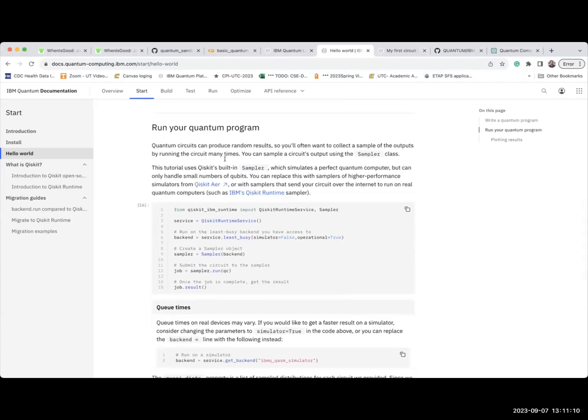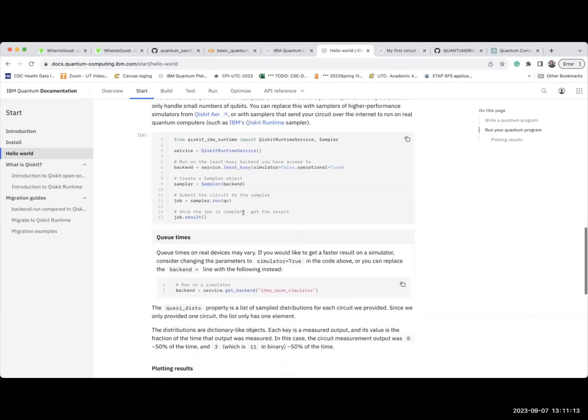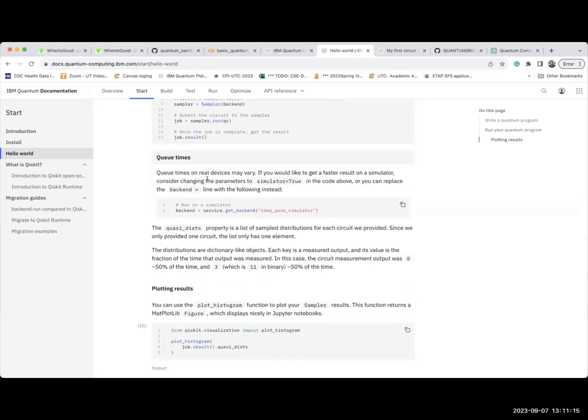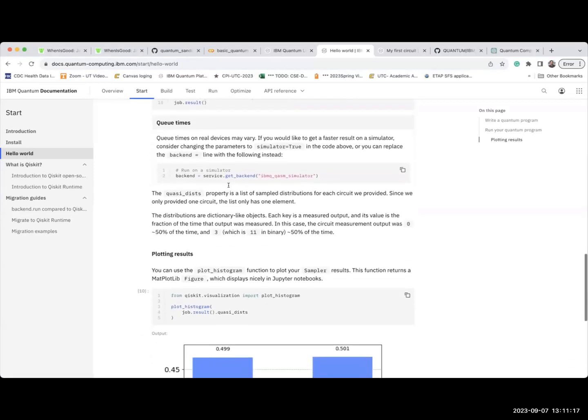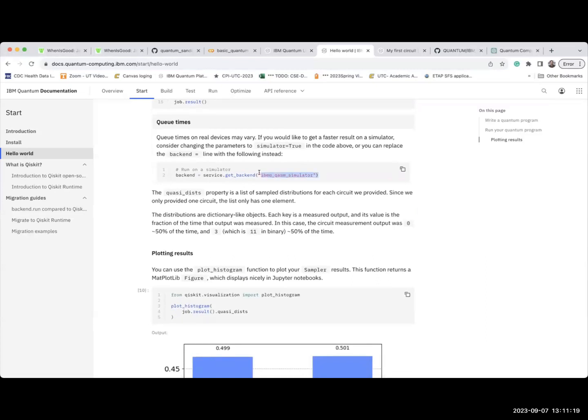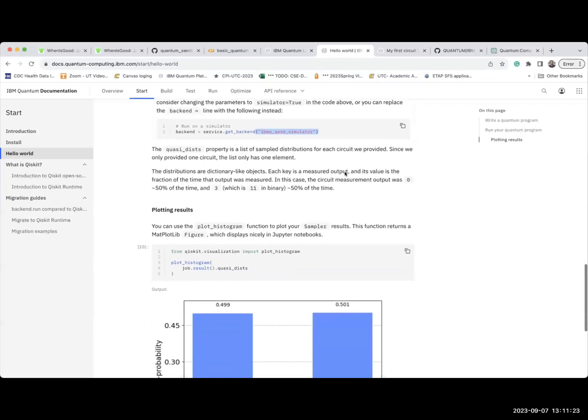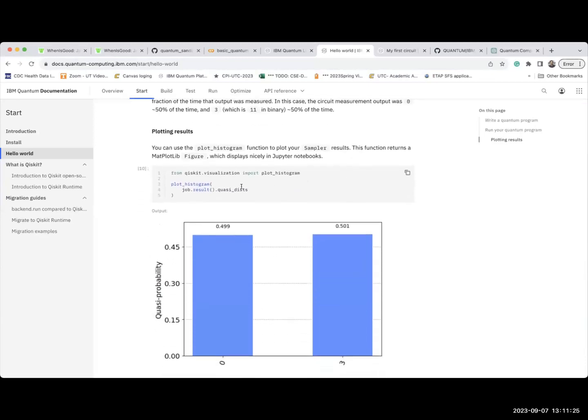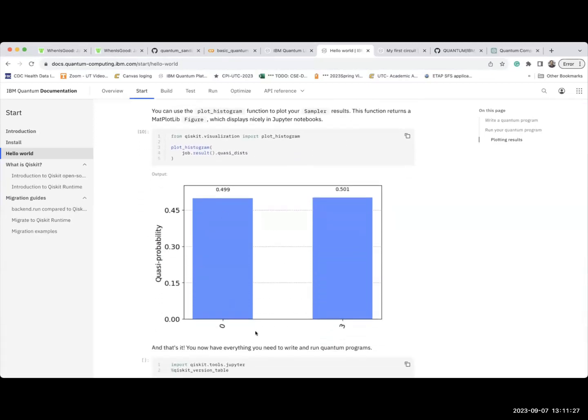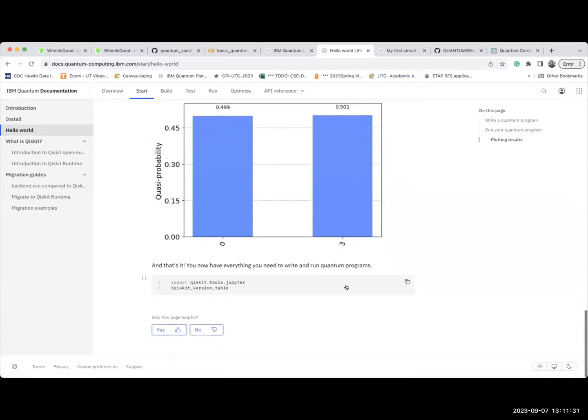Let me see, run your code. Oh wait, this is actually a simulator. This one uses a simulator. Then we plot, and this should give a uniform distribution between the two observable states.